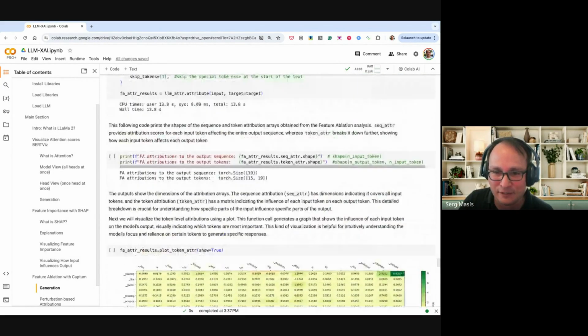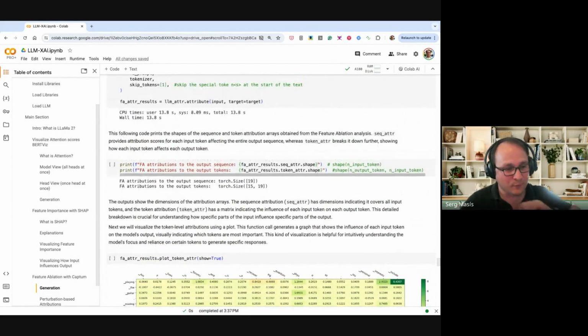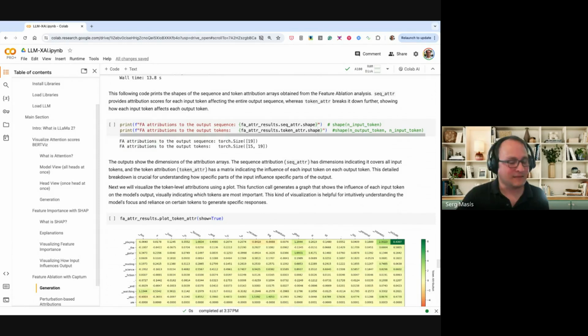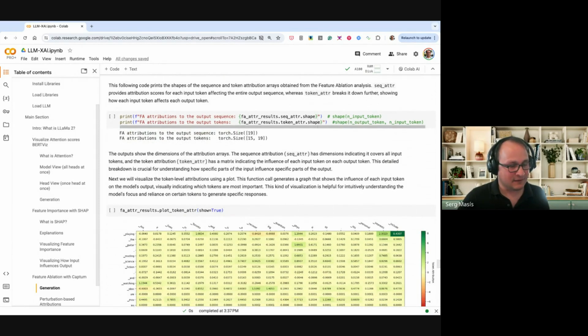But that's a very general attribution based on just removing the token, and that would render a lot of things simply nonsensical. That's something we have to be very careful with in explainable AI methods, in particular those that do perturbations.